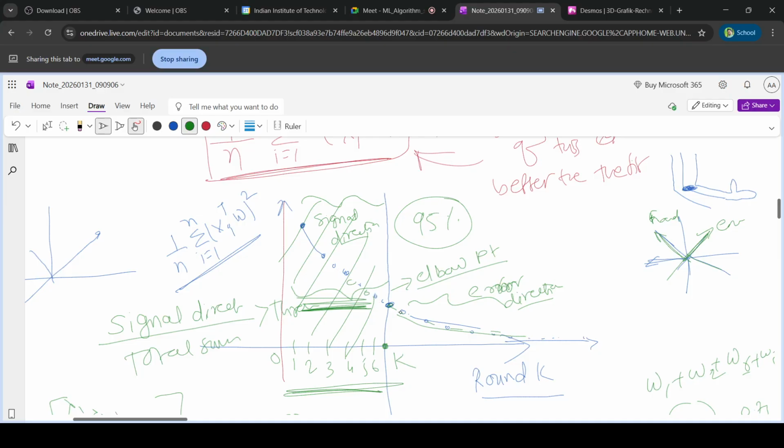So you are going this way, but you don't need this kind of error direction. So we are thinking about what k we should stop at, because these are the error direction, and the signal direction is this much highlighted data. So you need that k value. 95% accuracy we should maintain.